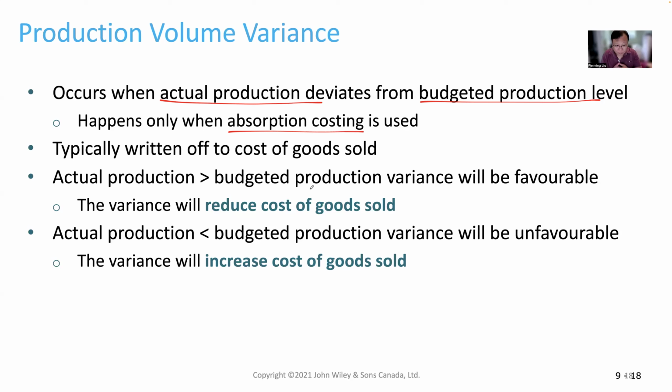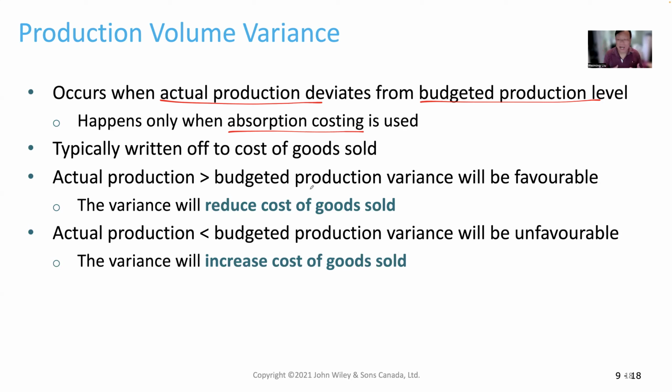Now the actual is different from the budgeted, so there is this production volume variance. It's favorable. That means your income will be higher and your cost of goods sold will be lower. So the variance will reduce the cost of goods sold, which is why it is good news.